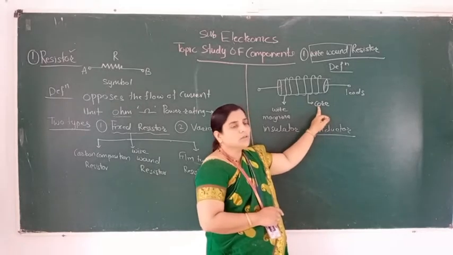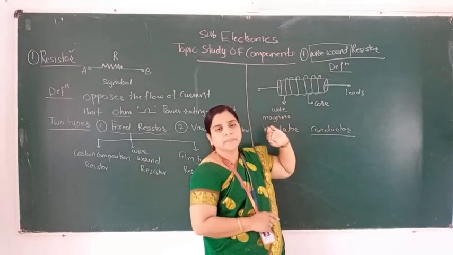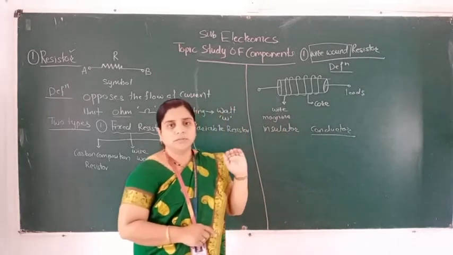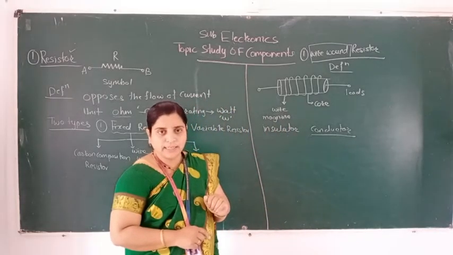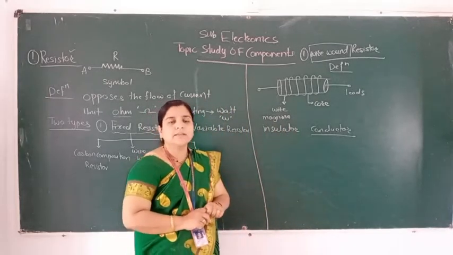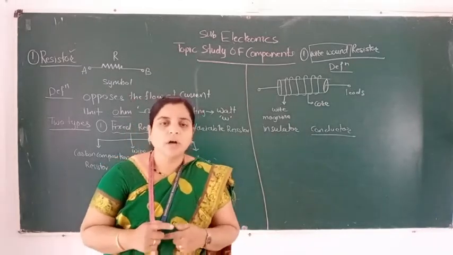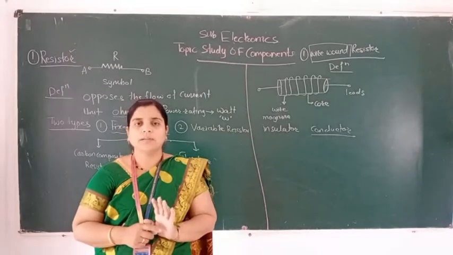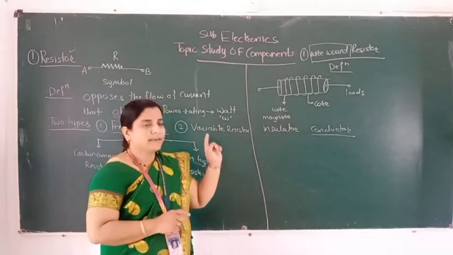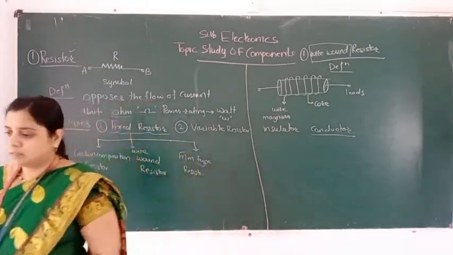Insulating core is called the wire wound resistor. All of you understand what is wire wound resistor? When magnetic wire is wound on the insulating core, it is called the wire wound resistor.